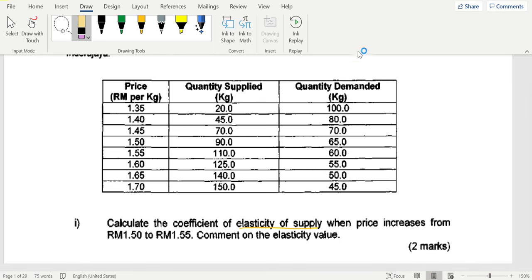They ask you to calculate the ES. ES equals Q2 minus Q1 over Q1 times P1 over P2 minus P1, isn't it?